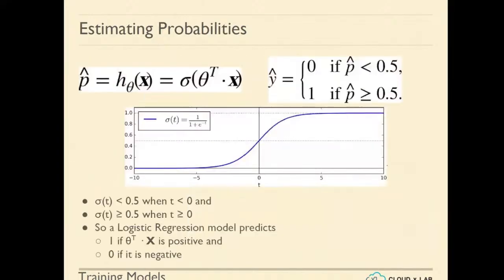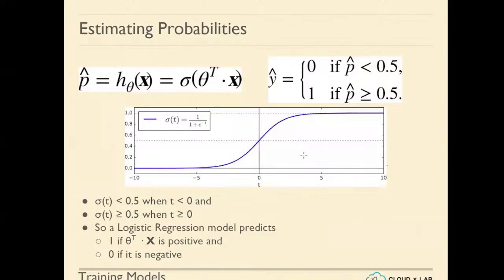Okay. Yes. So if t is less than 0, if t is a negative value, which means the probability score you will get is less than 0.5.